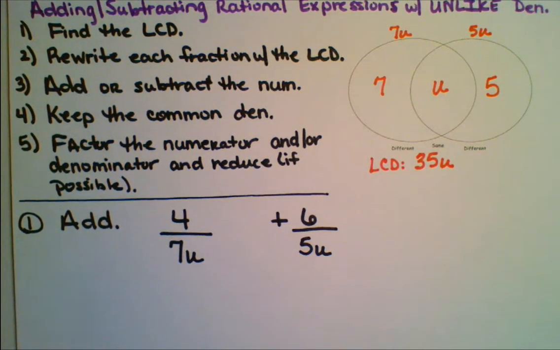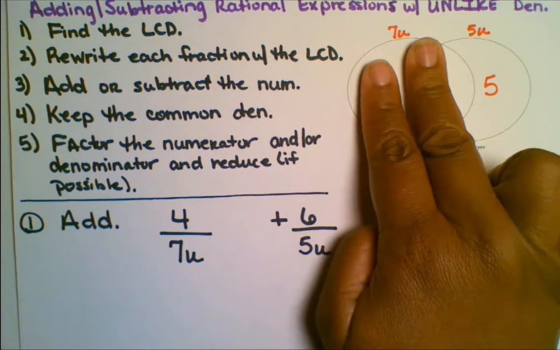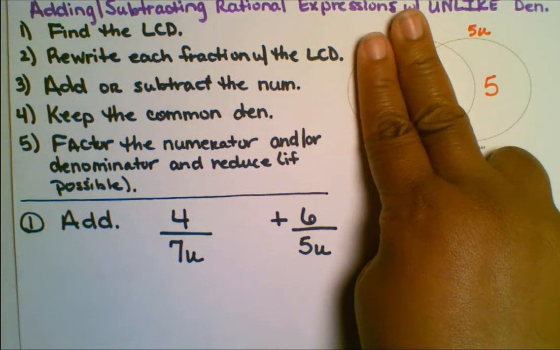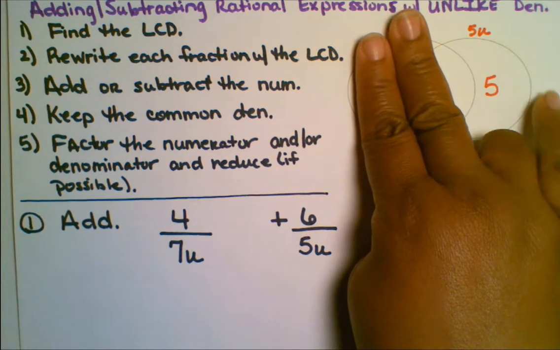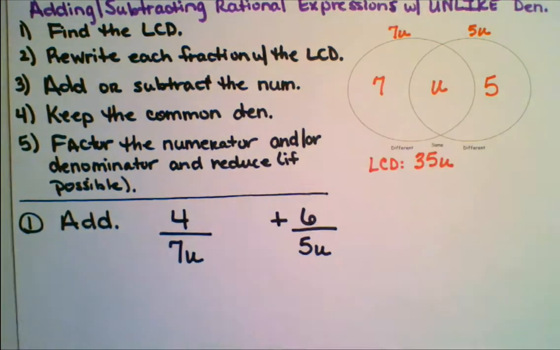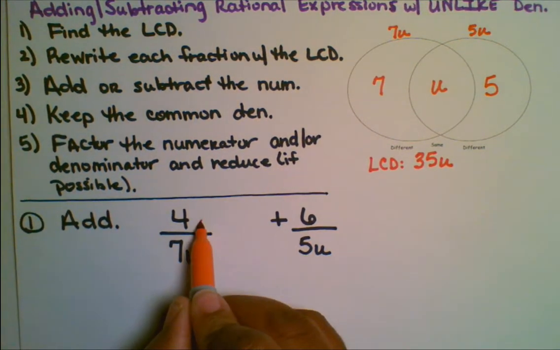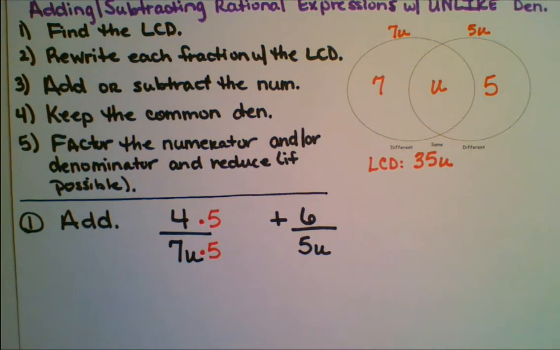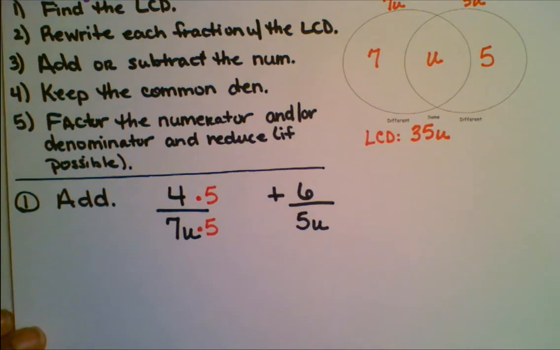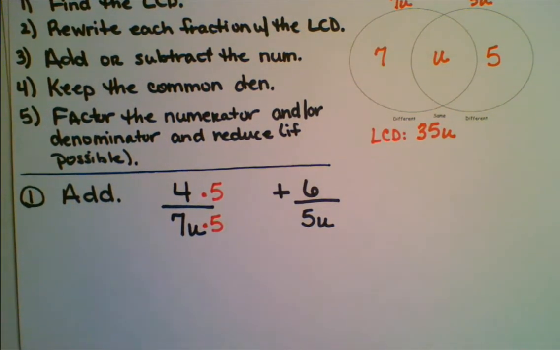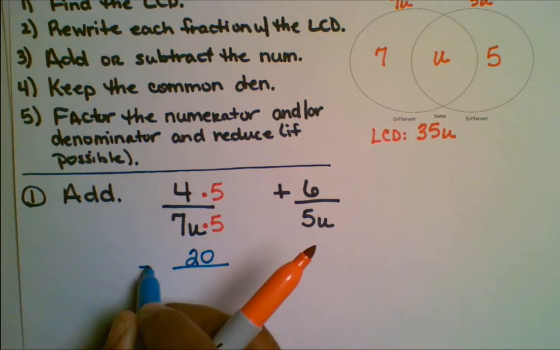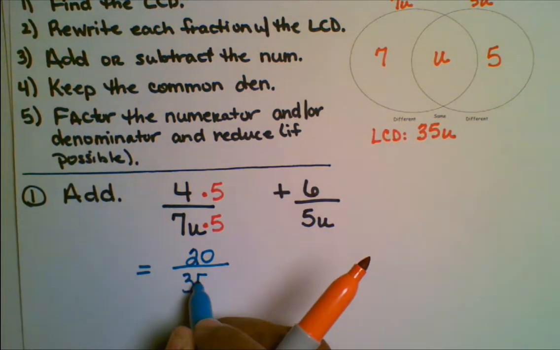To make that real easy, let's cover up the 7u. And what's left alone here? We have this 5. So we're going to multiply the numerator and denominator by 5. And that will give us numerator 20, our denominator 35u.